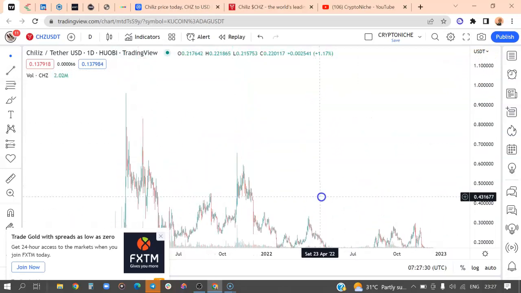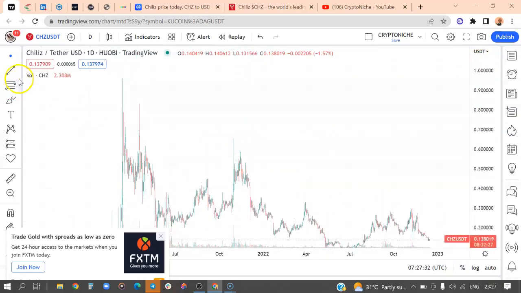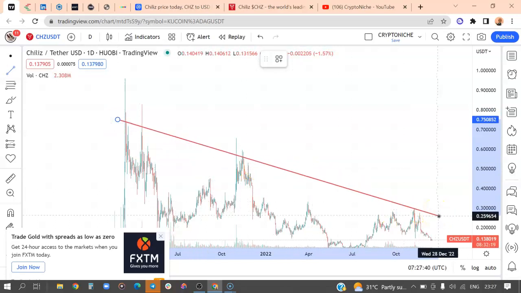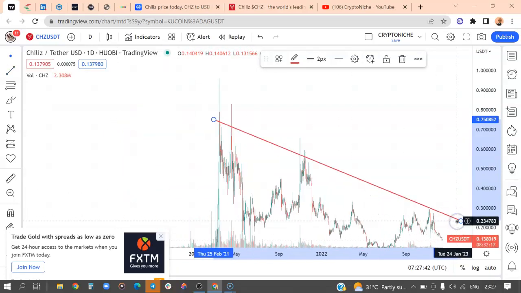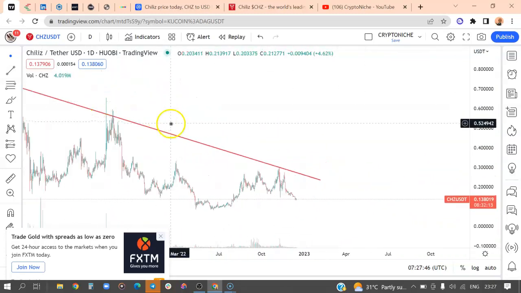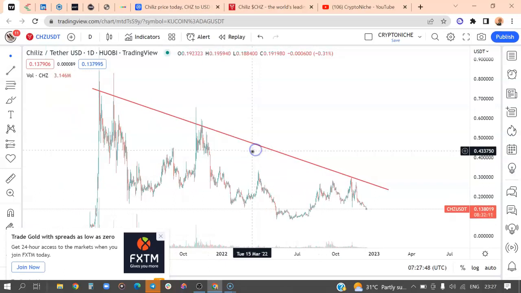So when you have a look at this level, it is still bearish even on this time frame.